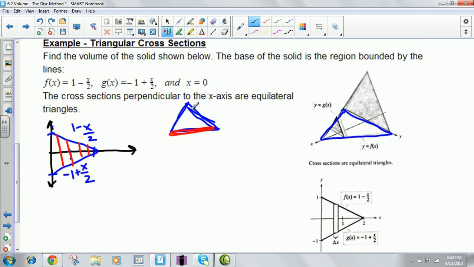So first of all, you need to figure out what the height is. The distance from here to there is going to be 1 minus x over 2, then minus the lower one, the distance from there to there. So it's the upper minus the lower. Upper minus, then your lower was negative 1 plus x over 2.